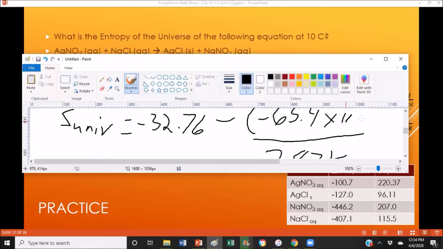So that needs to be multiplied by 1,000 to turn that into joules. Negative 32.76 plus 65400 divided by 283 gives you a sum of 198.